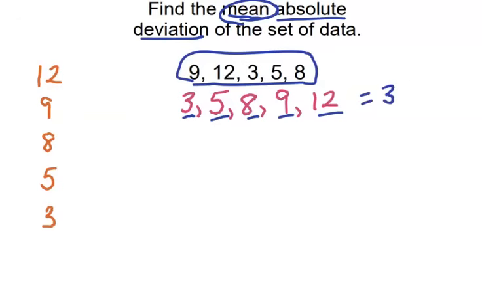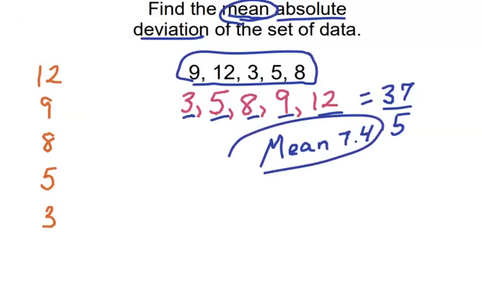So then we're going to take 37 and divide it by 5. 37 divided by 5 equals 7.4. So our mean is 7.4. That's our average.